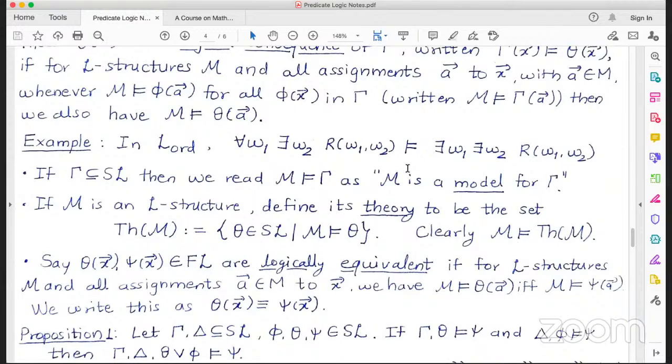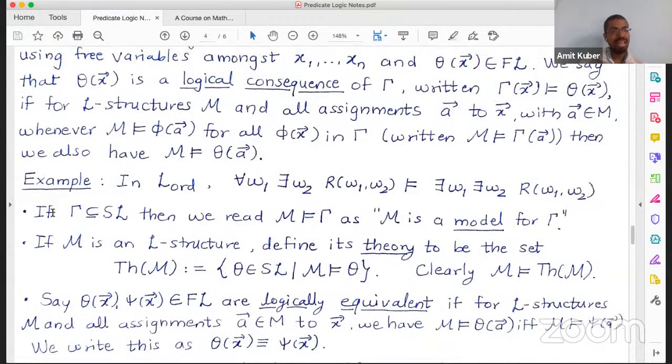So a model is a specific structure with respect to a theory. Not necessarily all L structures will be models of a theory. If you take the empty theory, if gamma is the empty subset of SL, then definitely all structures are models of that theory.